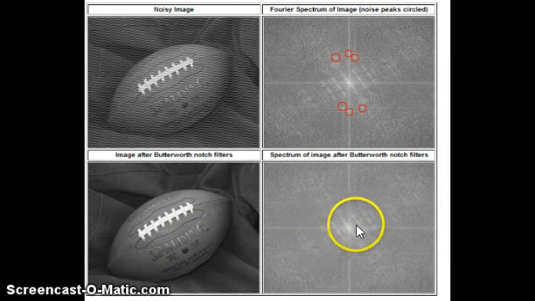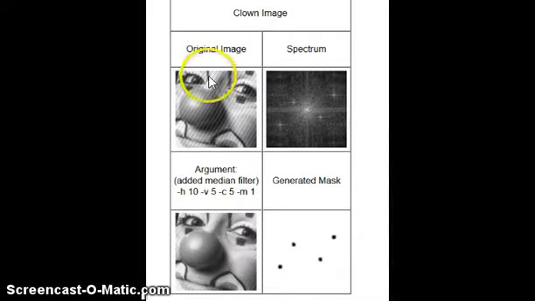And if you take a look at the Fourier transform after the notch filter, you can see there are little darker spots where it was multiplied by 0 and the frequencies were basically removed. And here's an image of a clown, again with periodic noise in a diagonal direction.